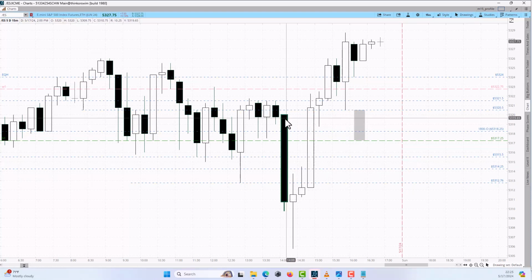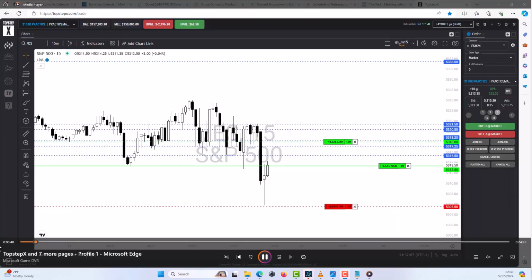But it hits our target. We aimed right here at the open, very conservative. But actually, if we aimed at this level, we would have hit it exactly. That's our last trade we took. Let's go to the last trade we took. We did a recording, so let's see. Here's the last trade, trade number 7 we took, right?